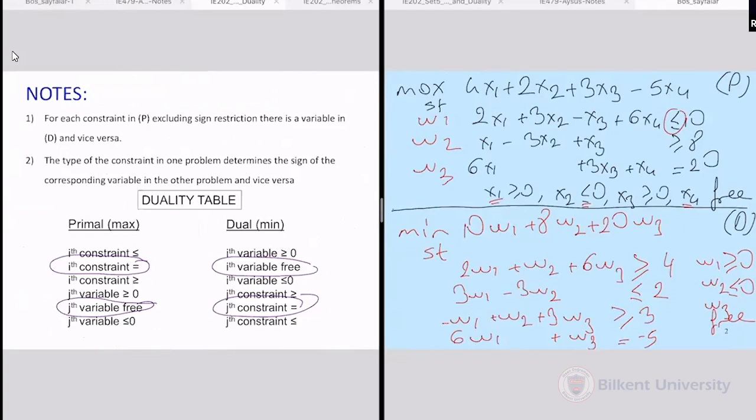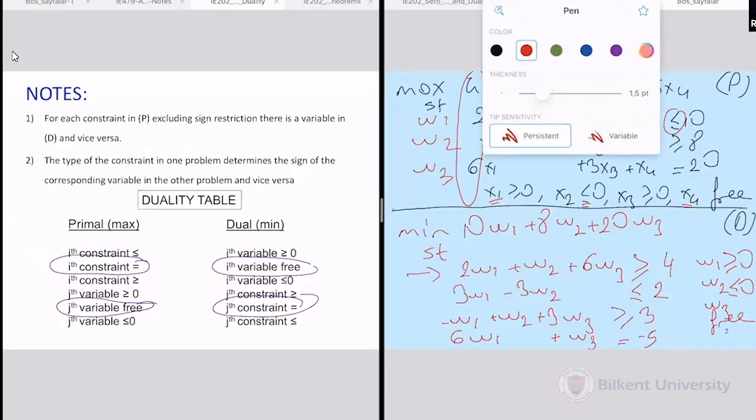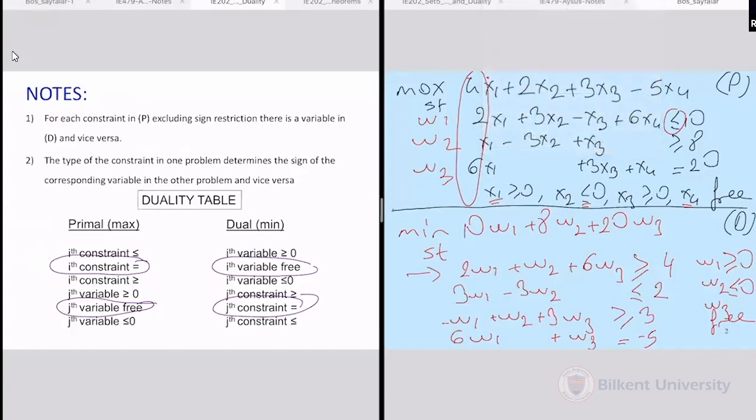Okay, be careful. For each constraint in the primal, we associate a variable for the dual. Good, W1, 2, 3. Then, for each variable in the primal, we write a constraint in the dual. Good, okay? Now, how do we decide on the signs in the constraints? The signs in the constraints are determined by the signs of the variables in the primal.